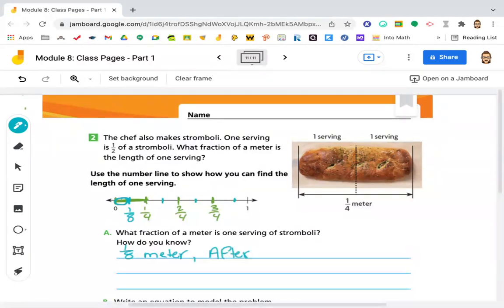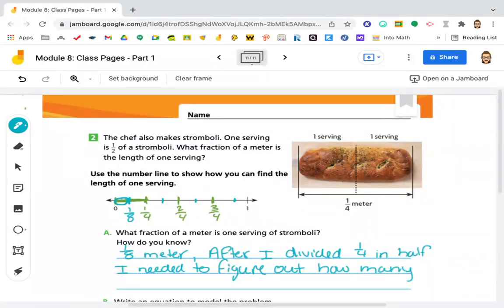And I'm going to say after I divided 1/4 in half, I needed to figure out how many same-sized lengths it would take to reach 1 on the number line.